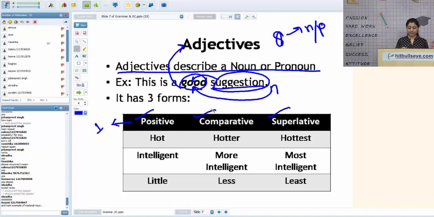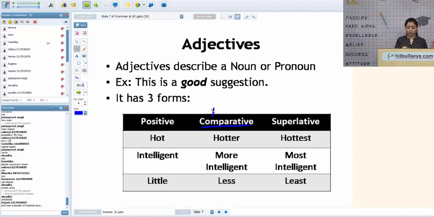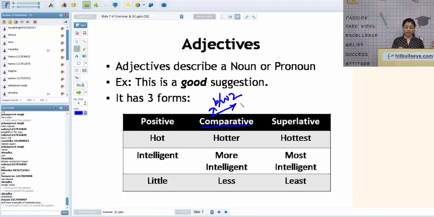When I say comparative, comparative is always between 2, A and B, comma, B is the better. So it's always between 2. How do you identify the comparative degree? It ends with an ER or it has the word more, and for comparison, than.